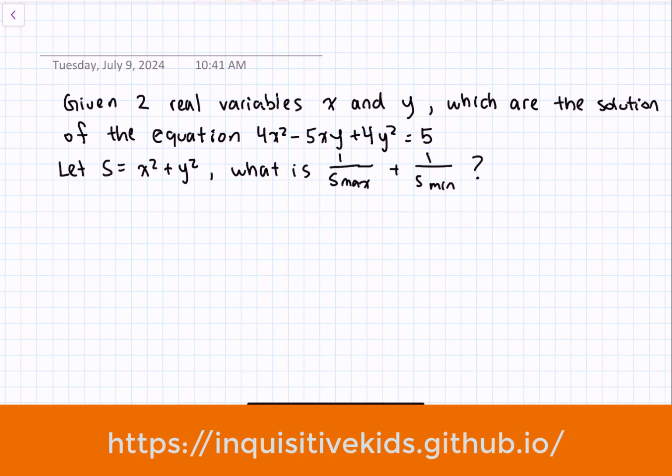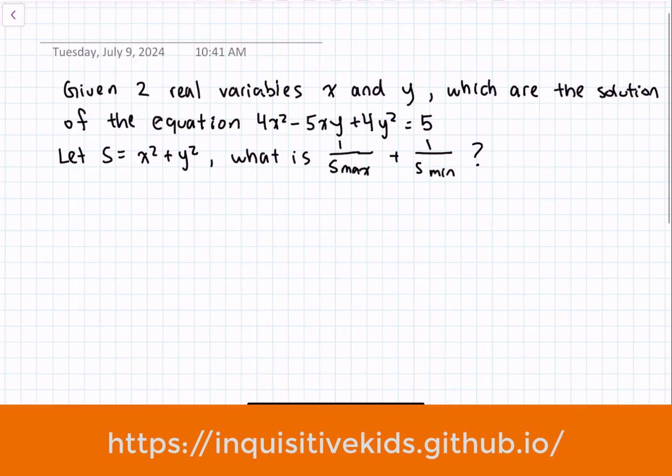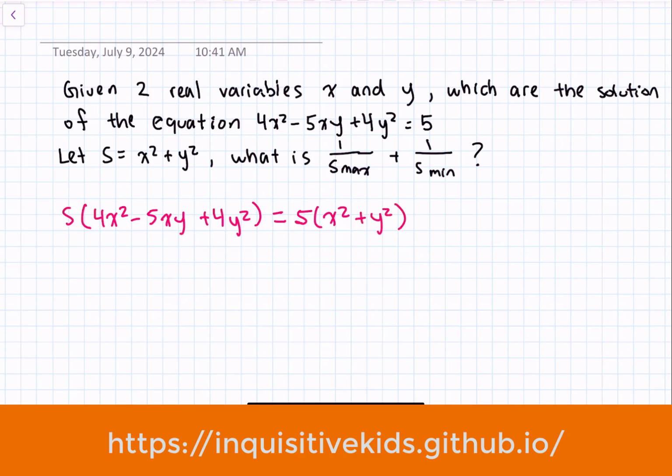Well, our first step is to multiply s to both sides of this equation. So we have s times 4x squared minus 5xy plus 4y squared is equal to 5 times x squared plus y squared. Remember, x squared plus y squared is the same thing as s. On the left, we're just going to keep s as s, not expand it anymore, because we don't want it to get too messy.